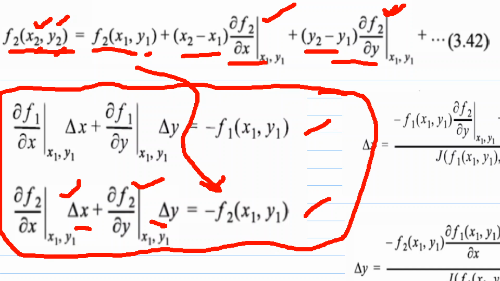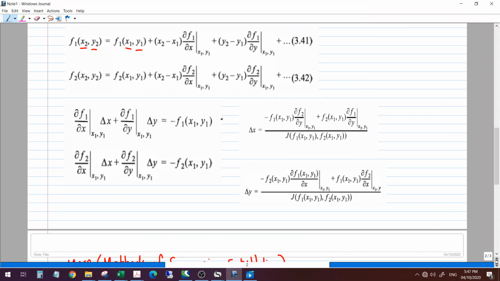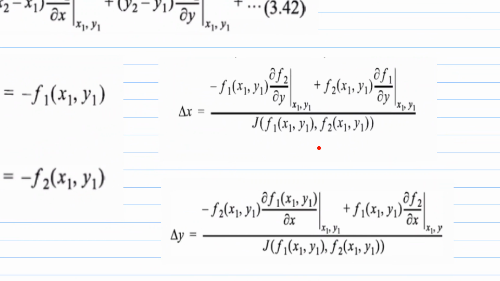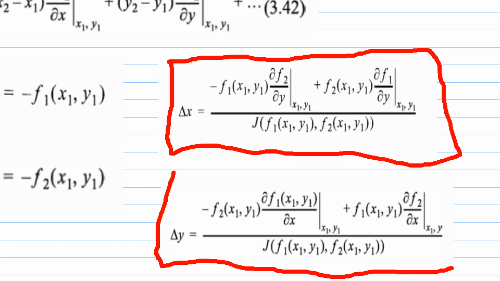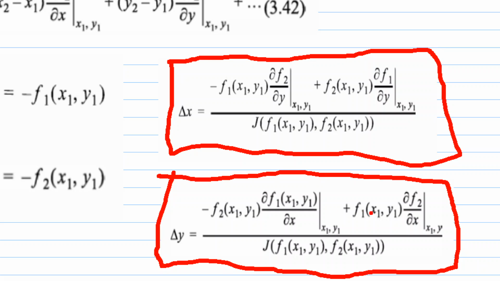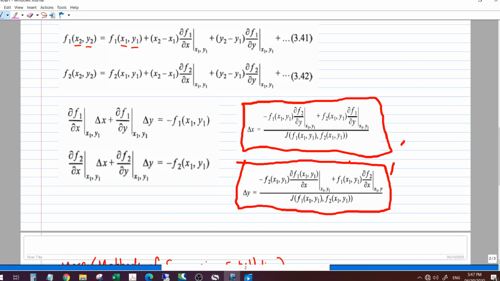Okay. Now this is two equations, two unknowns. Remember our lecture on simultaneous equations. We use Cramer's method to get the unknowns, right? Using Cramer's method, we can now get the equations for our unknowns, delta x and delta y, which is this.